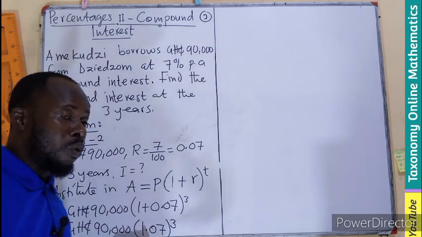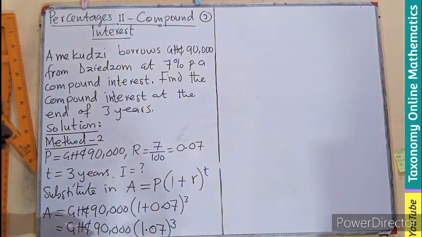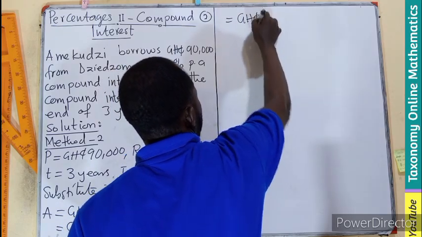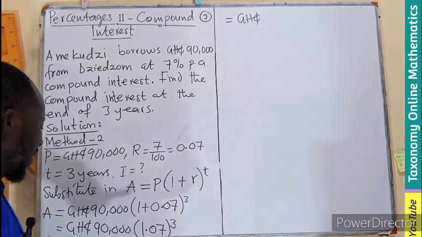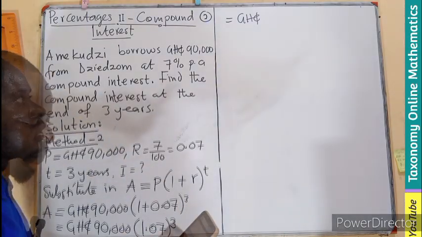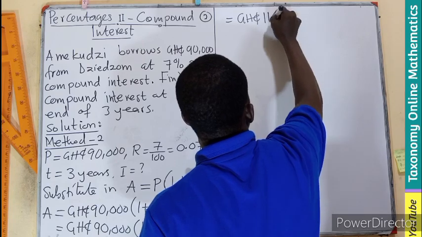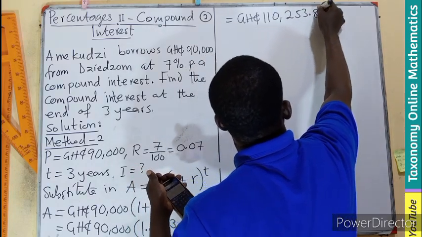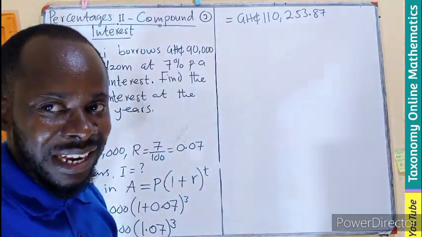And this could be done by using the decimal to multiply the 90,000, or we put all together in the calculator and find the accumulated amount. And if you do that, you should be having 110,253.87, which is the amount at the end of the third year.